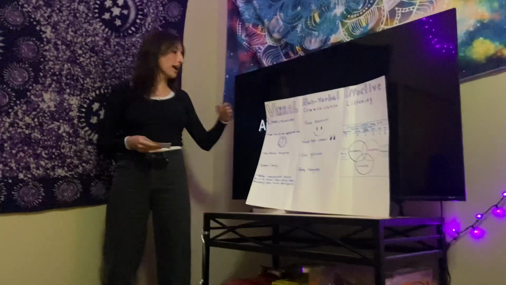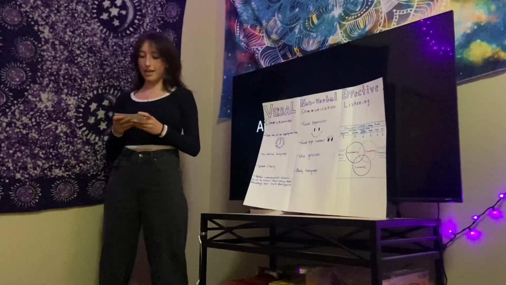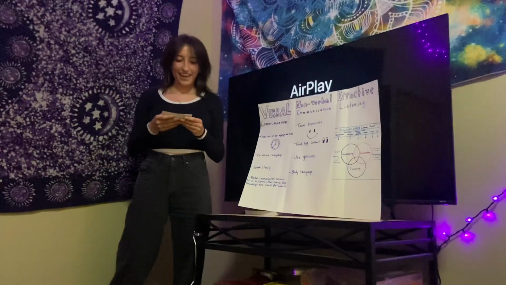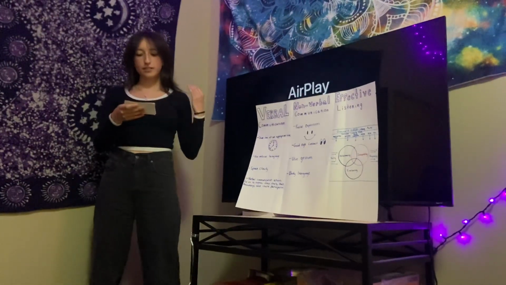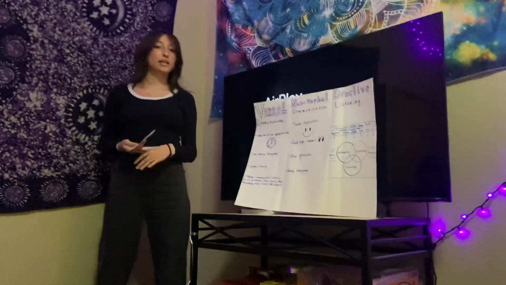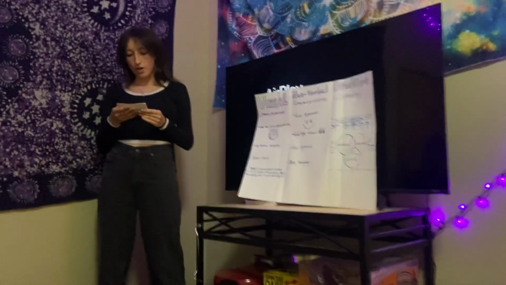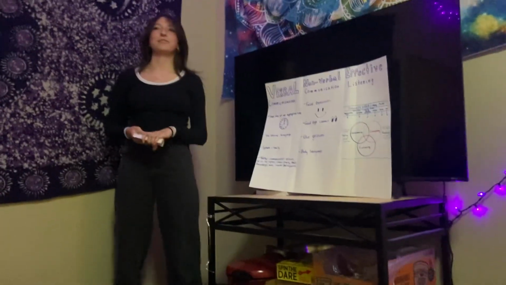So first off, we have verbal communication, and verbal communication is basically how we express ideas clearly, share knowledge, and invite participation. It is very important that one doesn't dominate the conversation, speak unclearly, or use confusing language.